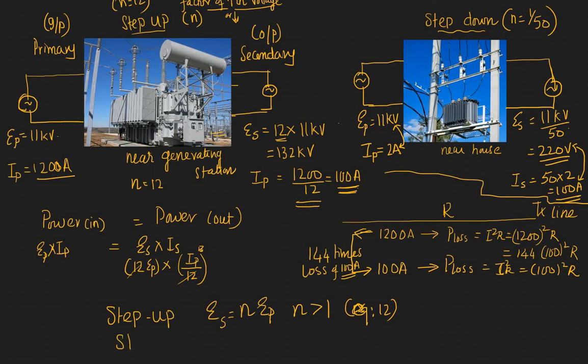And step down, where you need your secondary to be N times EP, but your N is less than 1, for example 1 by 50. So we will see how to achieve both of these in the next video.